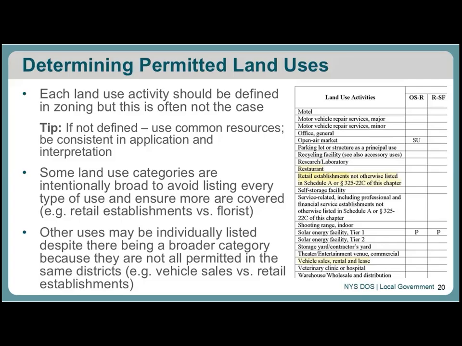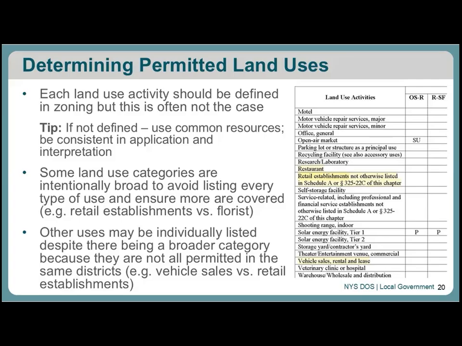I think we saw less comprehensive definition sections in our earlier zoning laws and ordinances, and hopefully that comprehensive definition section will be developed when you do an update if you don't have it today.